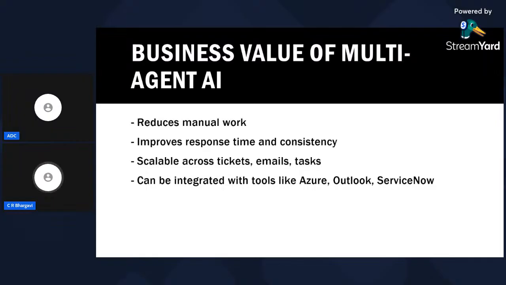So it would take a long time, or it is a long goal achievement, right? Rather, if you split it into smaller tasks, and multiple agents are put together, then it can reduce the task, and it would be giving you the result based on the format. So that's where it improves the response time and consistency.